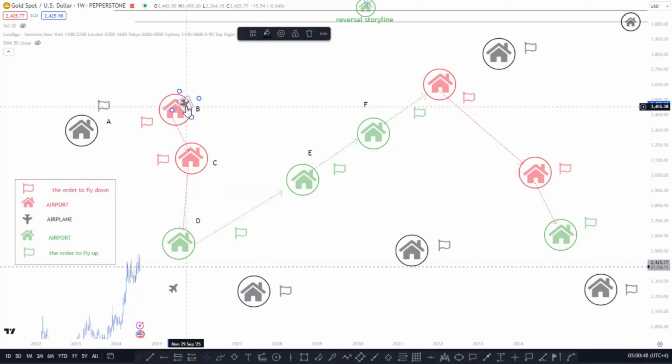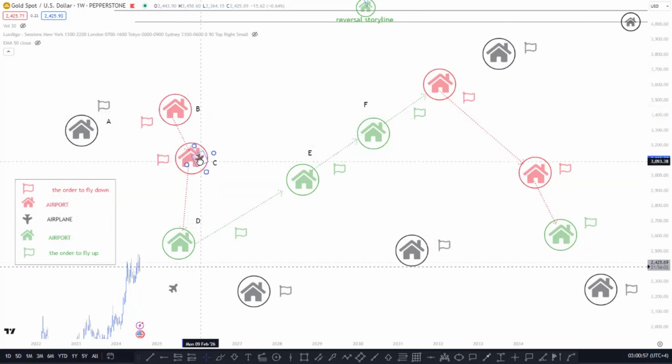If airport B raises the red flag, the airplane flies down to airport C. And if airport C raises another red flag, the airplane keeps flying down to airport D. But if airport D raises the green flag, the airplane changes direction and flies up to the next airport.